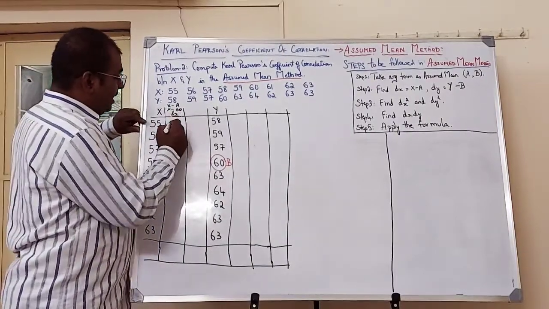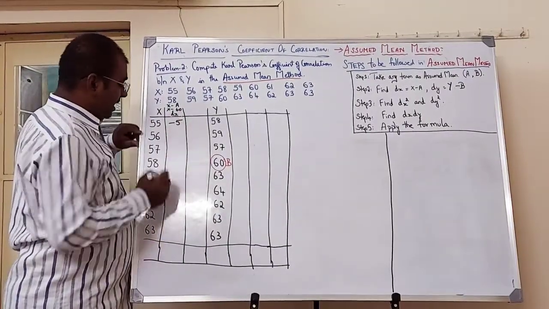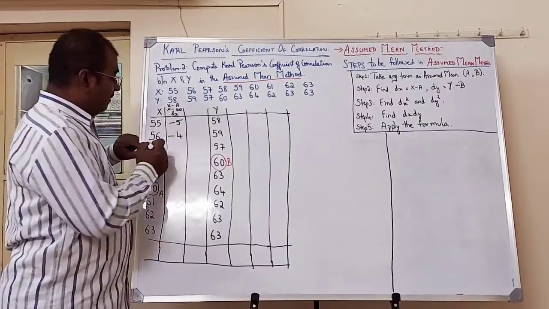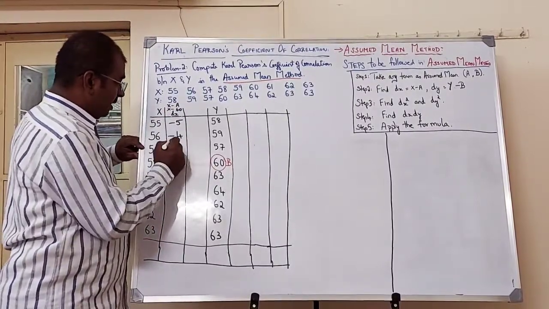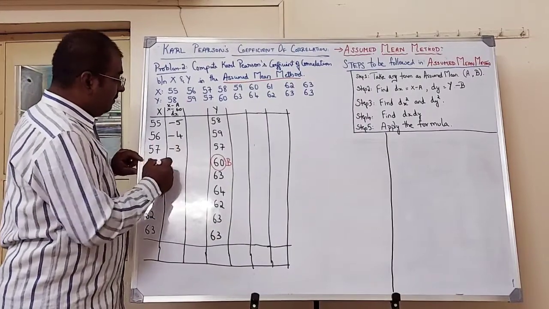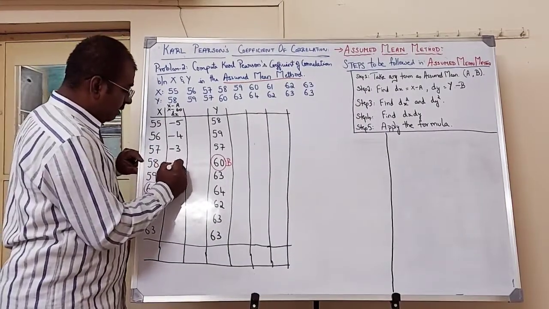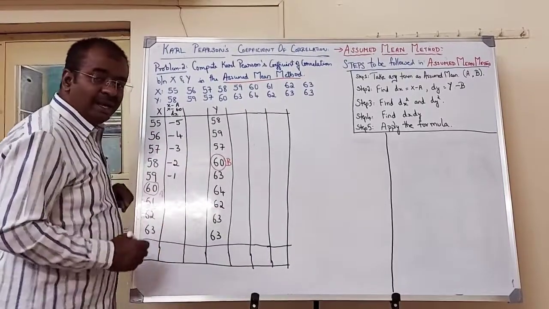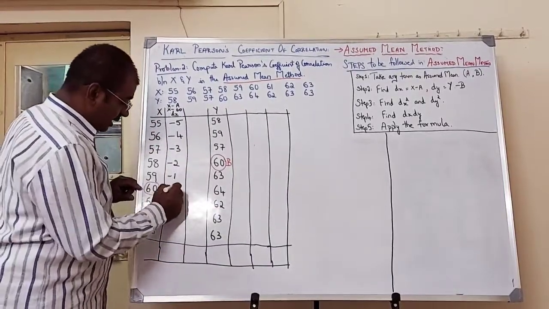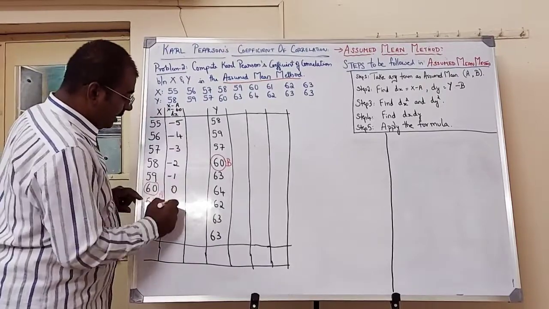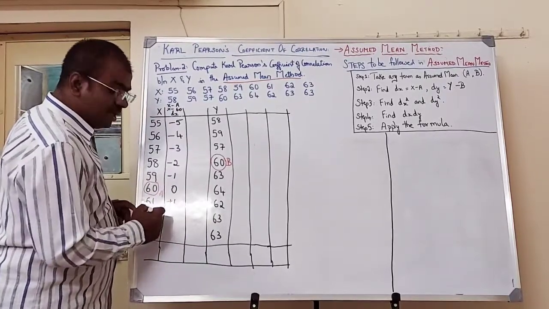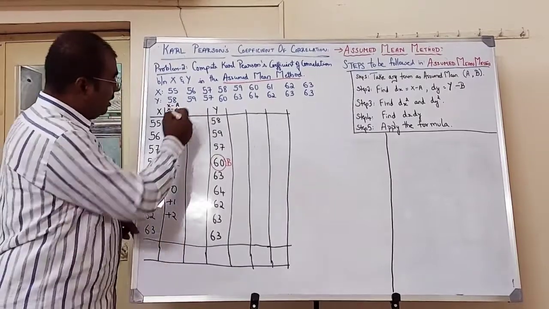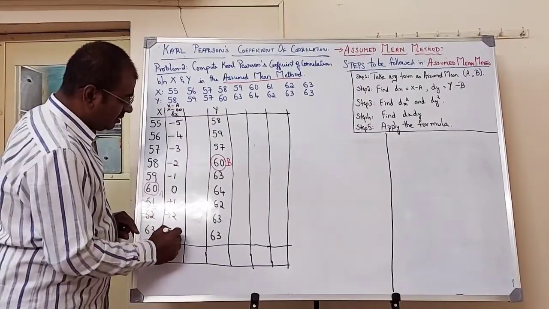So 55 minus 60 is minus 5, 56 minus 60 is minus 4, 57 minus 60 is minus 3, 58 minus 60 is minus 2, 59 minus 60 is minus 1, 60 minus 60 is 0, 61 minus 60 is plus 1, 62 minus 60 is plus 2, 63 minus 60 is plus 3.